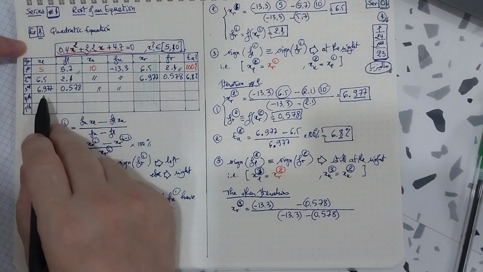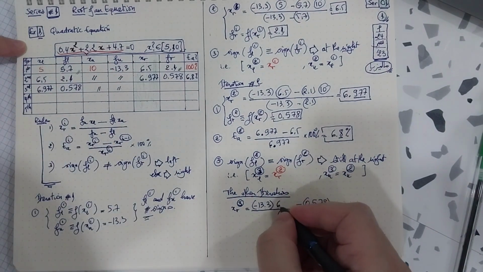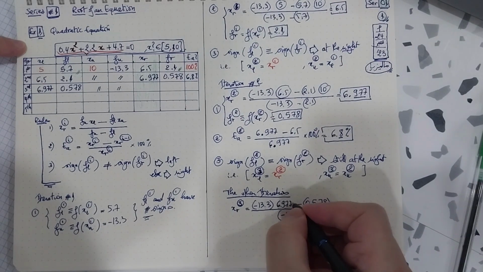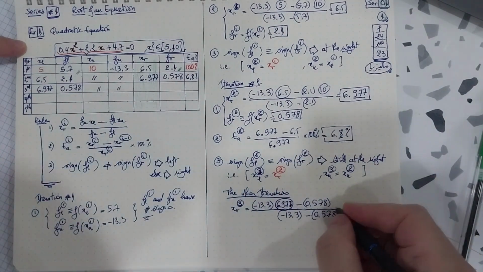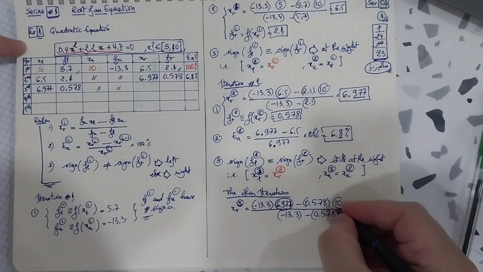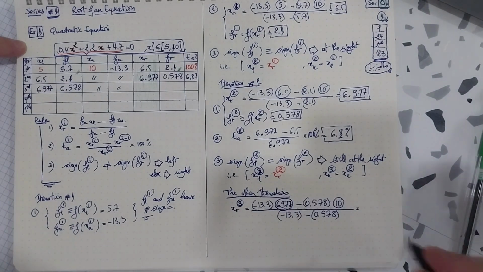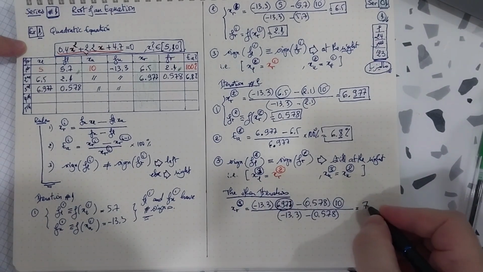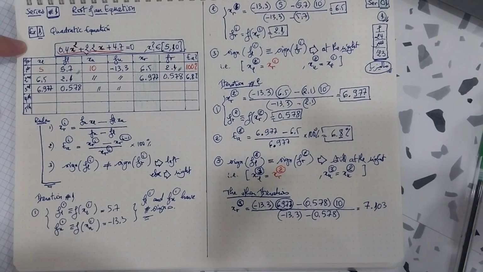And for the x's, it's 6.977, 6.977, and 10. 10 will not change, the same. And with the calculator, we find the value 7.103.